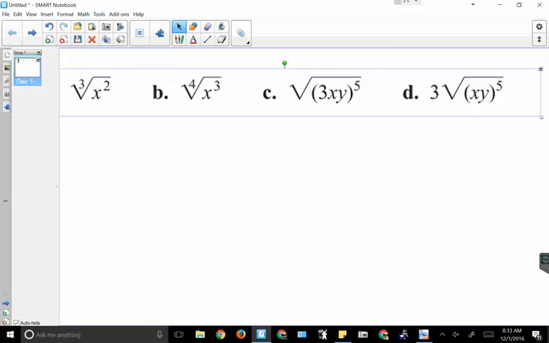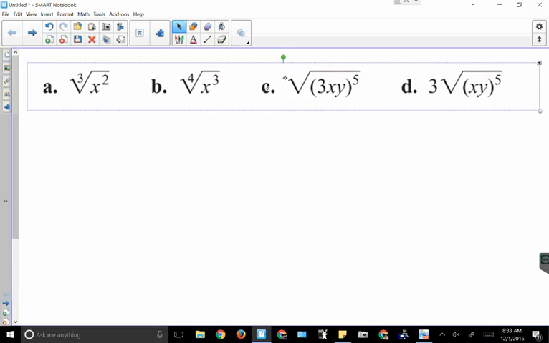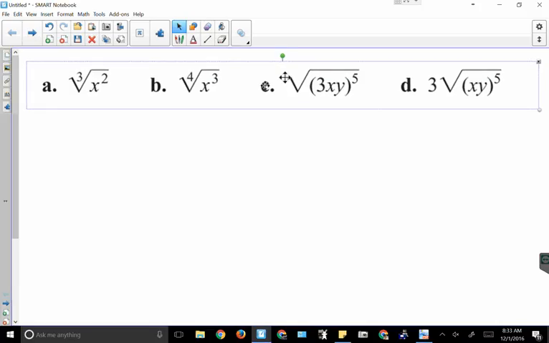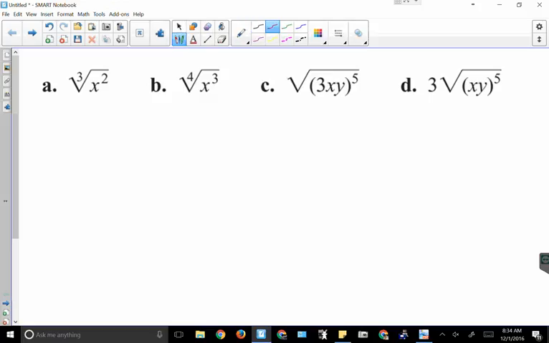So, if I am going to write this in the form of an exponent, or a fractional exponent more precisely, this is x to the 2/3. That's all it is. For b, that would be x, what's the power? 3, what's the root? 4.